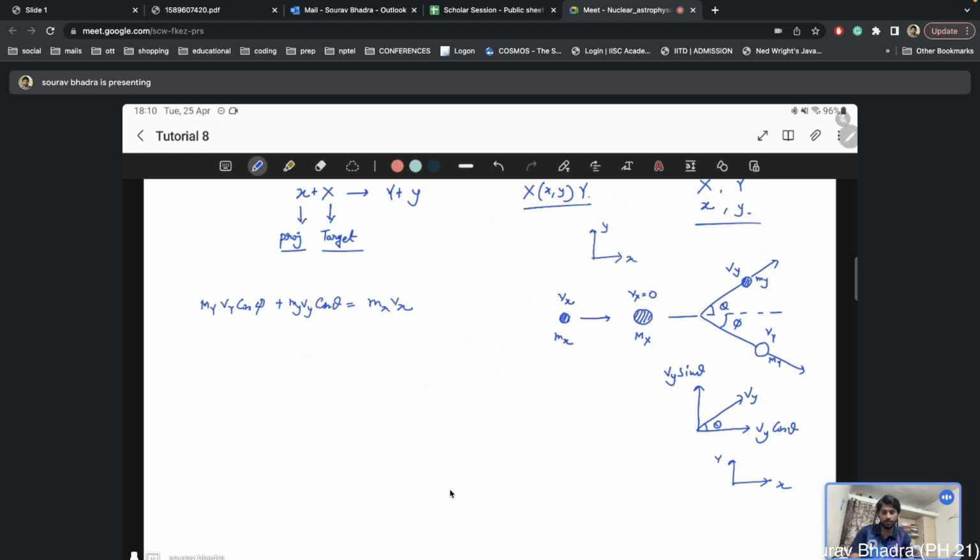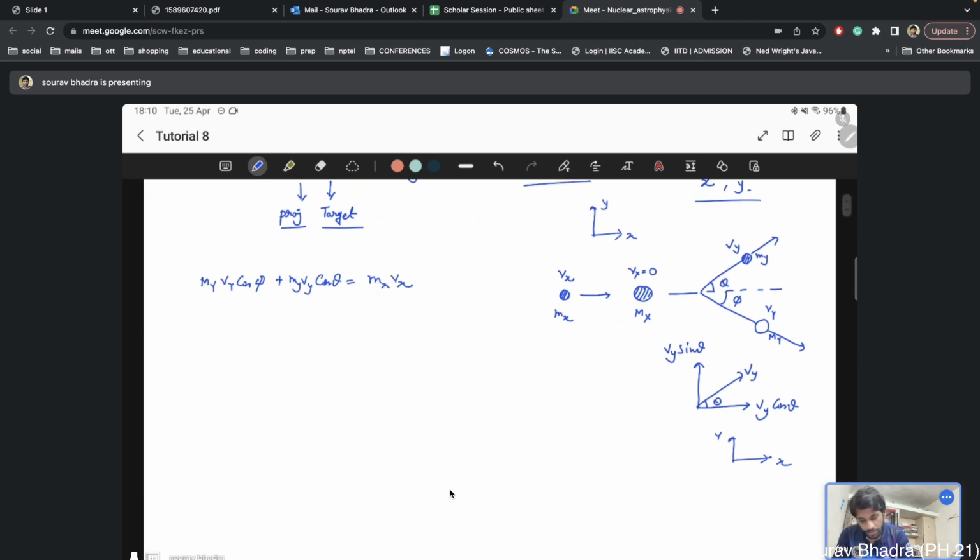There was no component in the y direction. Okay, so this is the x direction equation, and similarly the y direction equation will be my Vy sin phi plus my Vy sin theta, and as there was no initial momentum along the y direction, that will be 0.